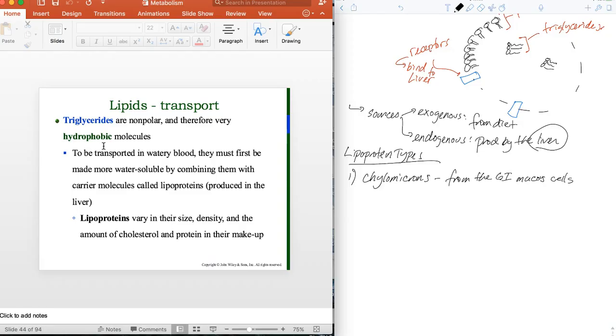Sorry about that. Let me clean this up. So mucosa cells. These GI mucosa cells, especially the ones from the small intestine, are called enterocytes.